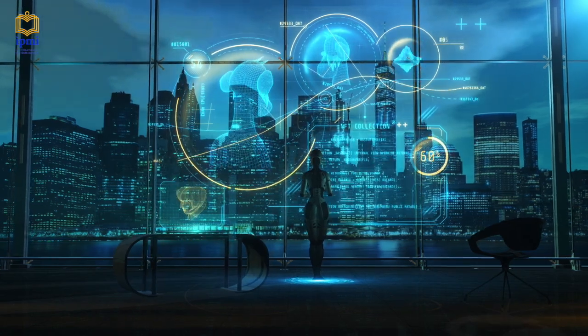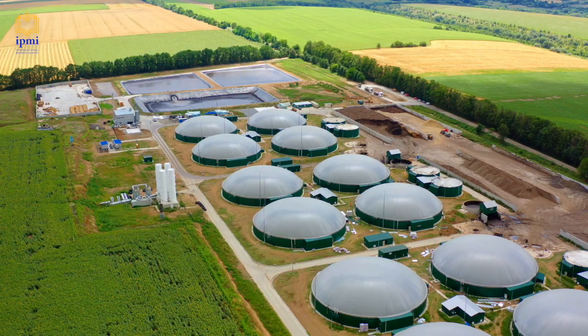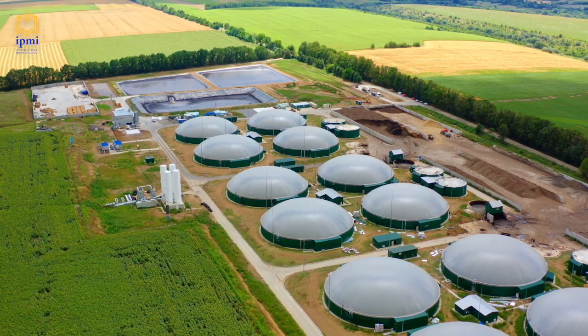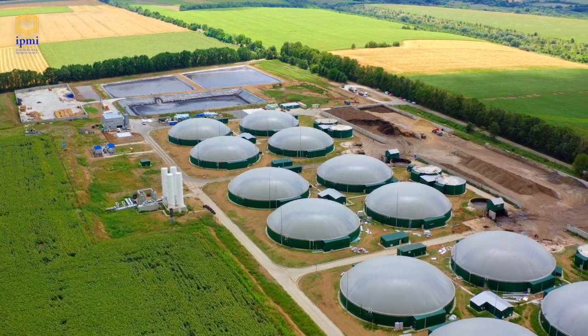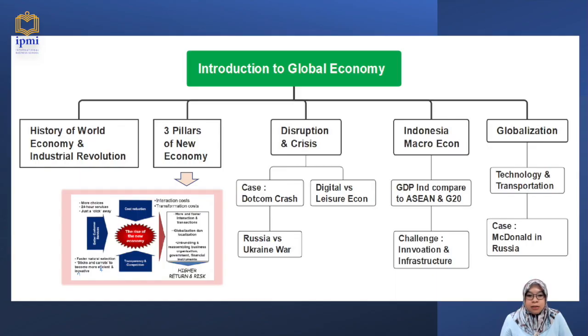The emergence of new technologies such as artificial intelligence, blockchain, and biotechnology exemplifies innovation. Globalization can be seen in the emergence of multinational corporations and the expansion of worldwide trade. The transition to renewable energy sources and the implementation of sustainable corporate practices are examples of sustainability.